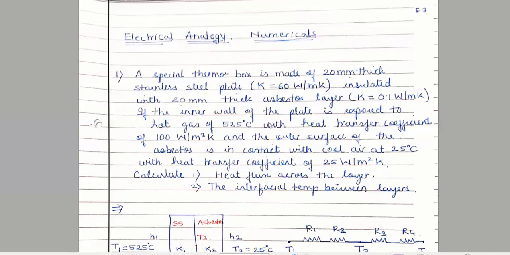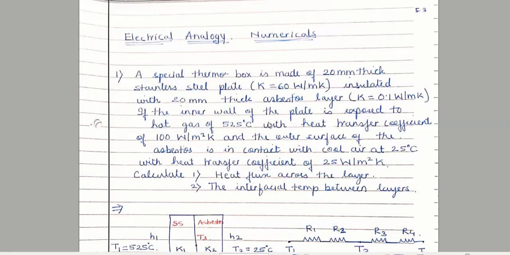What is given? A special thermos box is made up of 20 mm thick stainless steel plate. The K value, the thermal conductivity, is given as 60 watt per meter Kelvin. It is insulated with a 20 mm thick asbestos layer. Again, the K value is given.